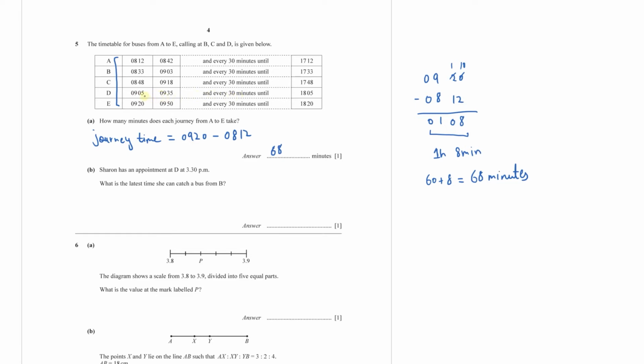That means it's 5 minutes after the hour mark and 35 minutes after the hour mark, so 9:05, then 9:35, then 10:05, then 10:35, and so on. If the appointment is at 3:30 p.m., she cannot reach at 3:35. So the closest bus arriving around 3:30 is at 3:35 p.m.